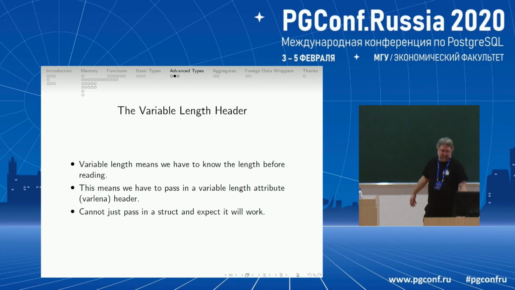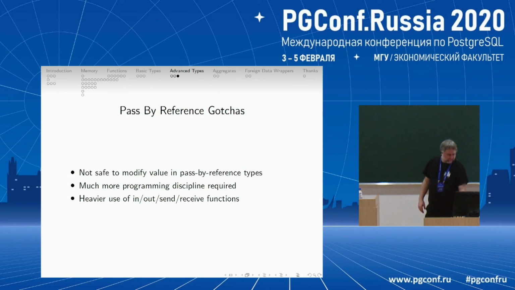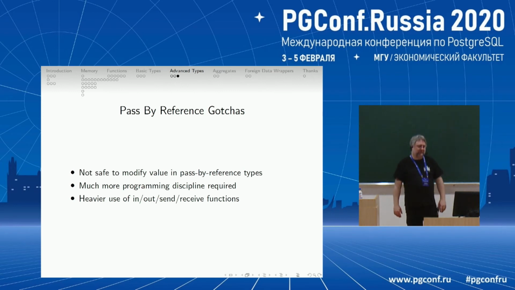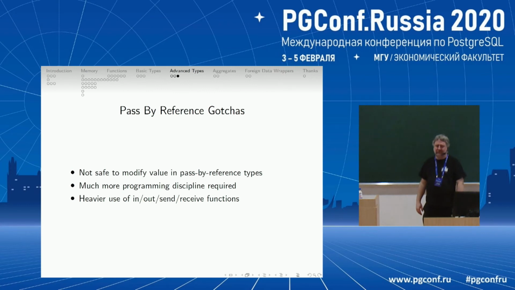So you can't just pass in a struct and expect it to work. You'll probably just end up with corruption on disk and stuff like that. Pass by reference also has some really important gotchas. It's usually not safe to modify a pass by reference type value. So you can't pass references around and modify them because you don't always necessarily know what's going to happen behind the scenes or where that's going to go.